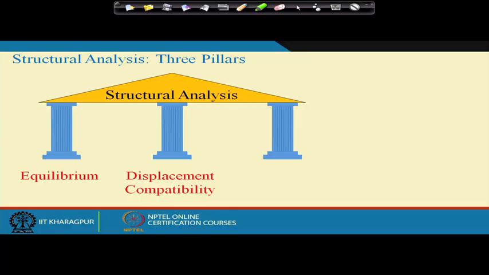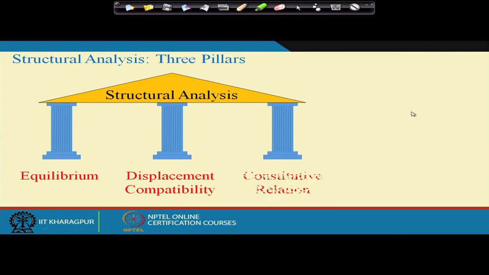So, if the displacements are compatible, then we say that the system is kinematically admissible. A solution which satisfies equilibrium condition and compatibility condition is the unique solution, statically admissible as well as kinematically admissible. So, in order to get the unique solution for indeterminate structure, we need both equilibrium and displacement compatibility.